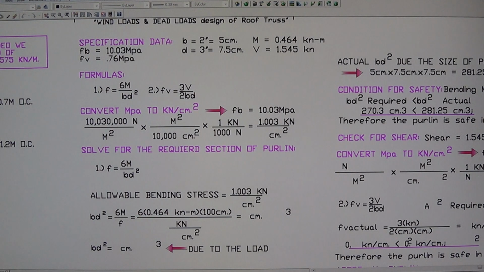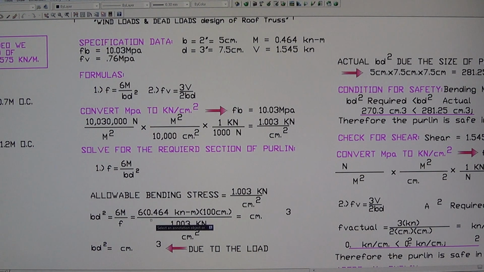There are 100 centimeters in 1 meter, so that meter will become centimeter when you multiply by 100 centimeter right here. And the allowable stress here is the denominator of this fraction there. There we go. And then now calculate this.